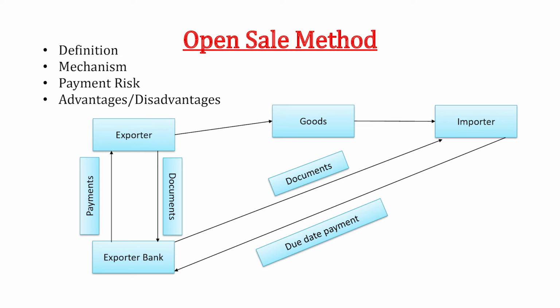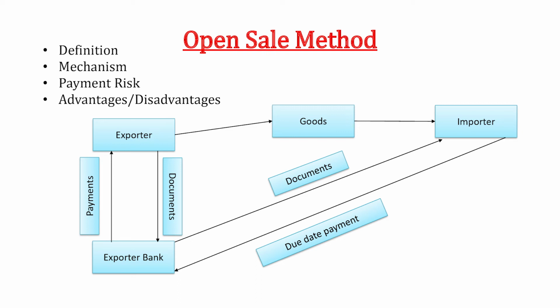Mostly this happens when the exporter is supplying goods to a distributor in a foreign country who is giving huge business to the exporter. And this open sale mechanism is very similar to the milk which we take daily from the milk seller. He keeps on supplying the milk, and after 1 month we make the payment.